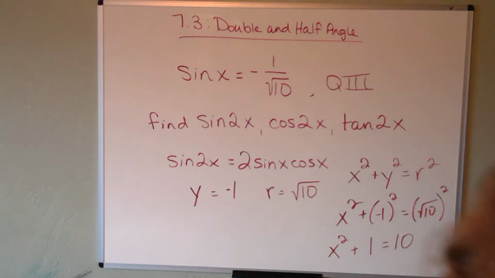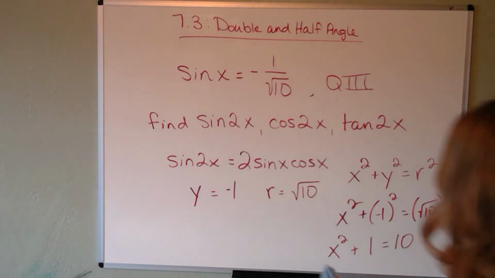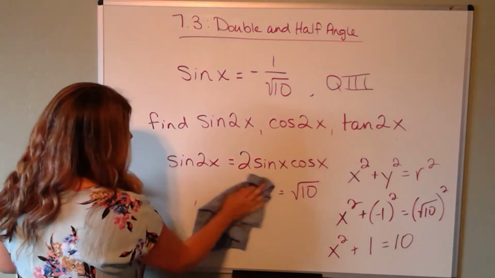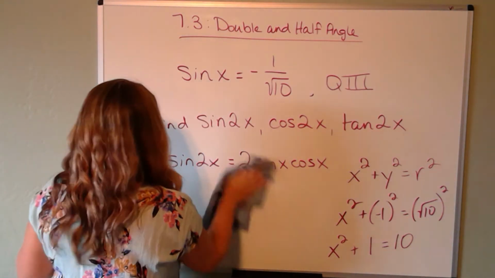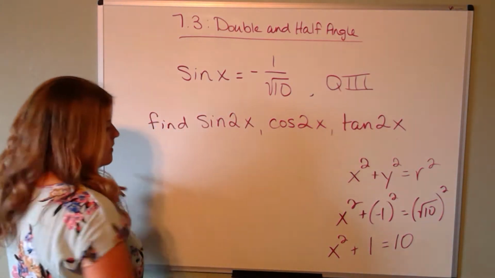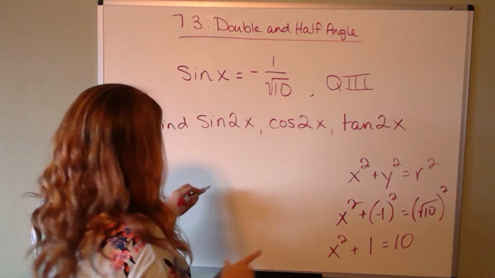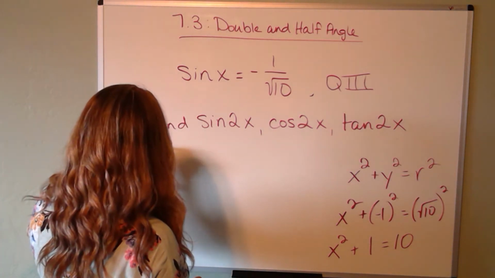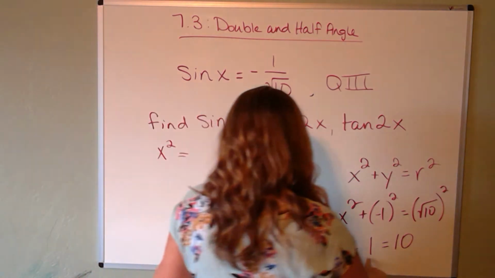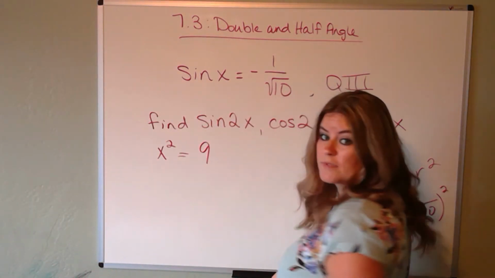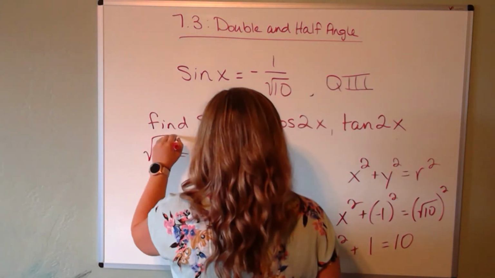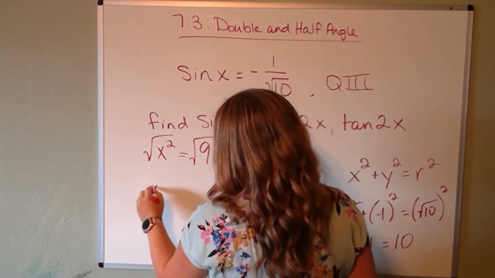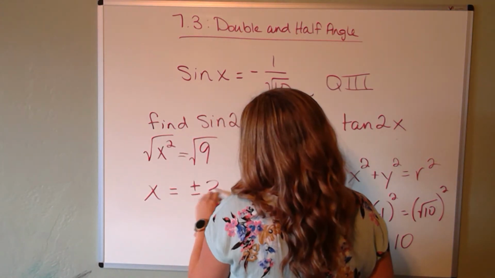I'm going to have to move this somewhere else so we can finish solving that. Okay, x squared plus 1 equals 10. I'm moving it up here. I'm going to subtract 1 on both sides. When I subtract 1, I get x squared equals 9. To get x, I square root both sides, and I get plus or minus 3.